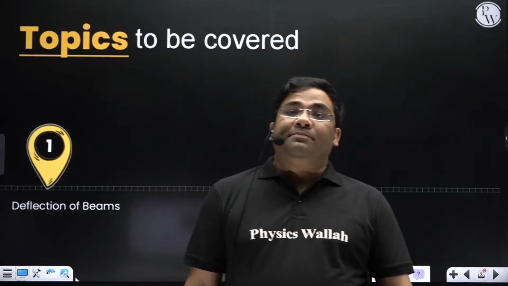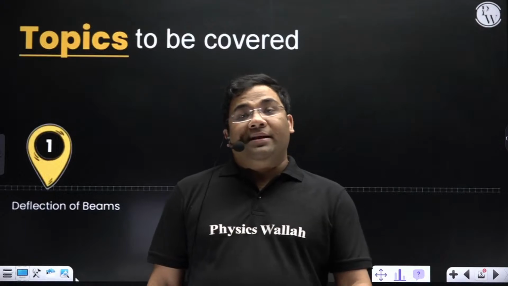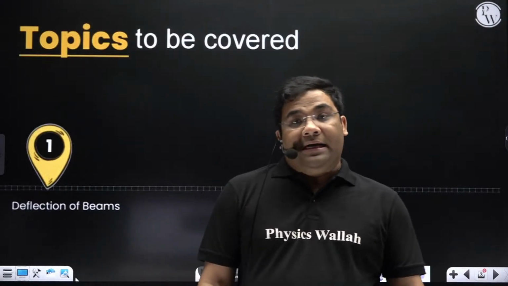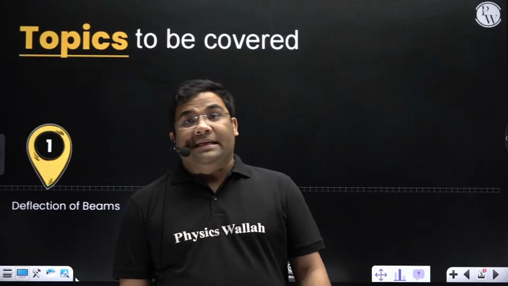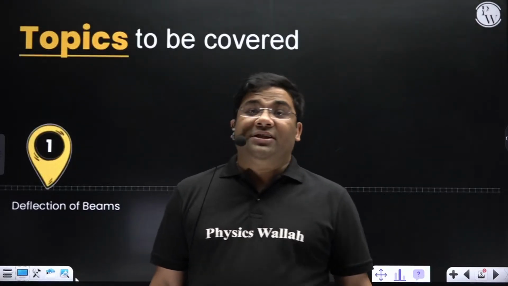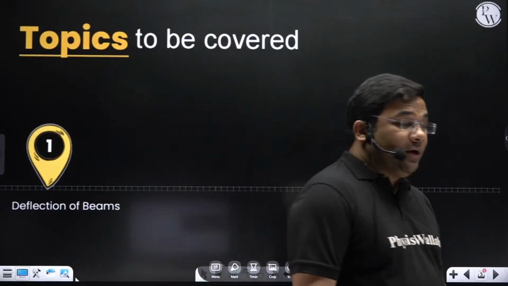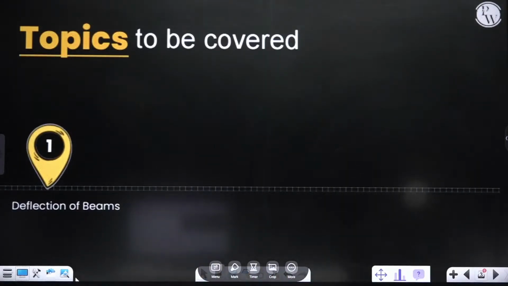So there are various methods to find these formulas. What are the methods? There are methods like the double integration method, then the moment area method, then the strain energy method, the unit load method. There are many methods by which you can find the deflection, and you will get the same expression.